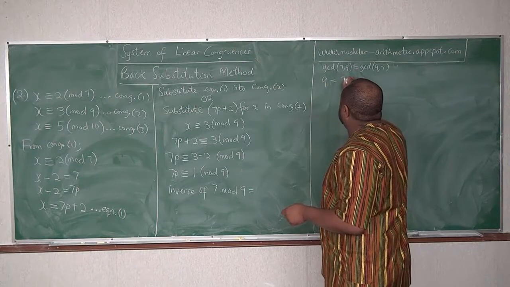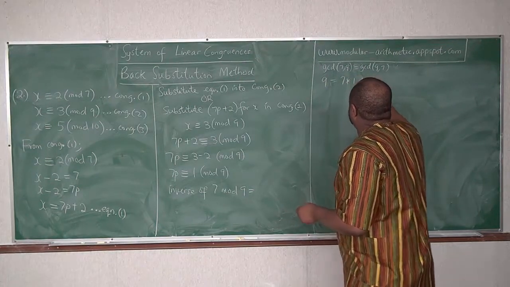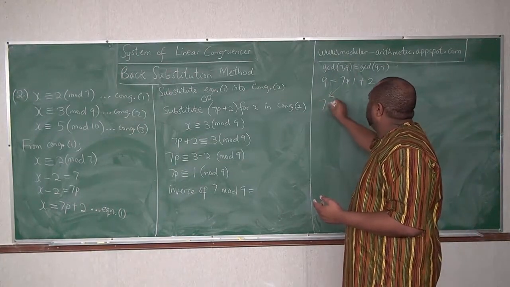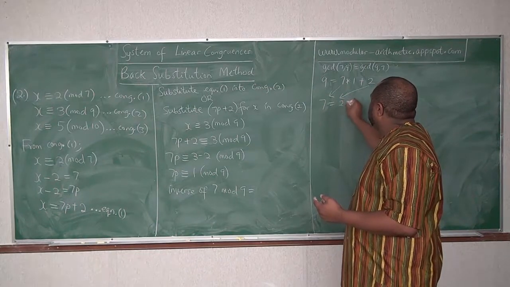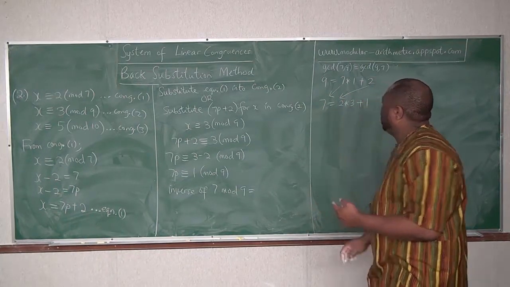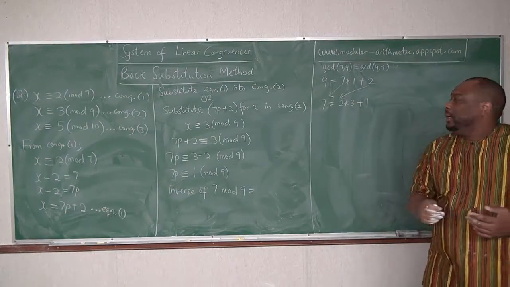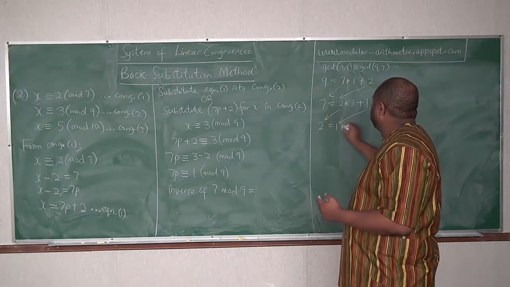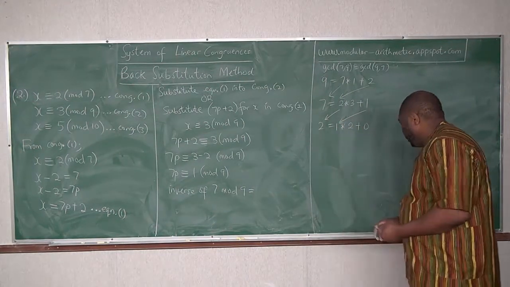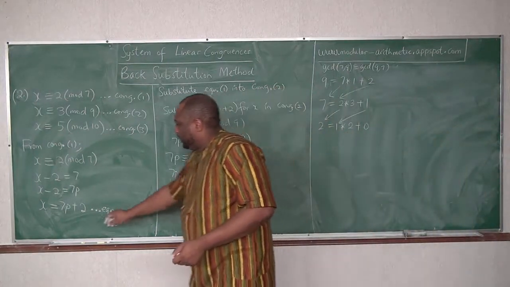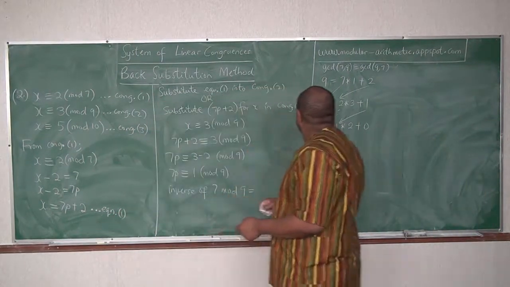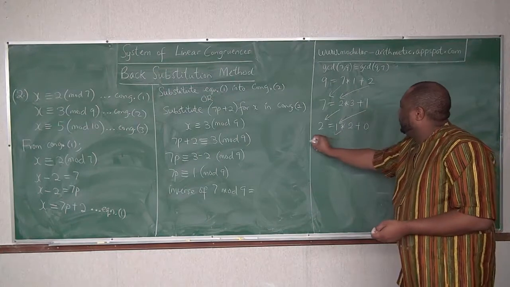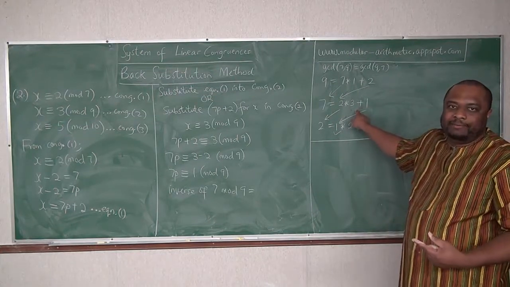So 9 is 7 times 1 plus 2, right? 7 is 2 times 3 plus 1. 2 is 1 times 2 plus 0. So the GCD is 1. But we will need to work from here to get our inverse.